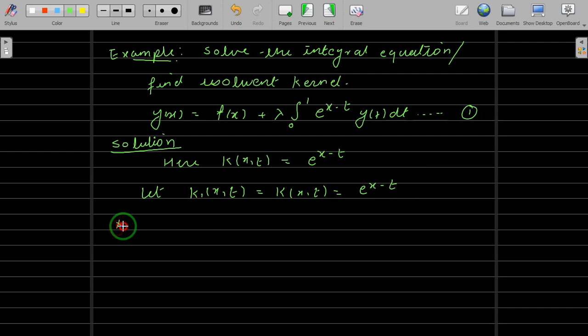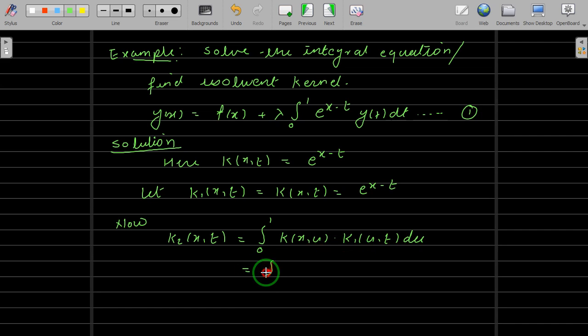Now find k2. K2(x, t) was the integral, in this case a and b are 0 and 1 respectively, so integral from 0 to 1 of k(x, u), then k2 depends on k1, so k1(u, t) du. You have the function k, again you have the function k1, so substitute the values accordingly.